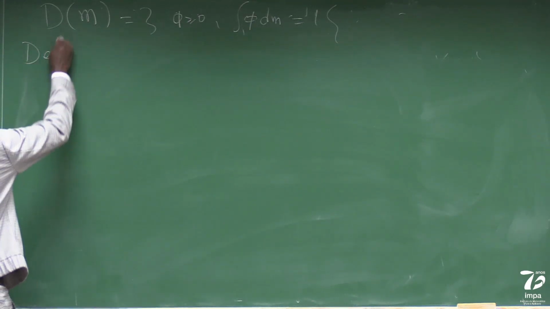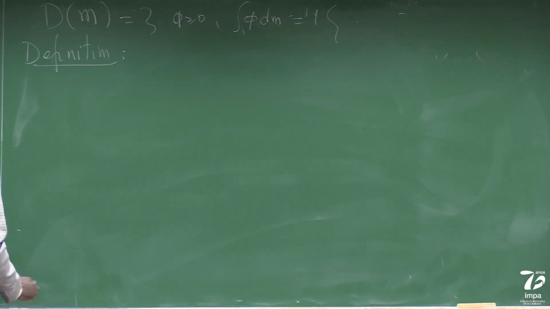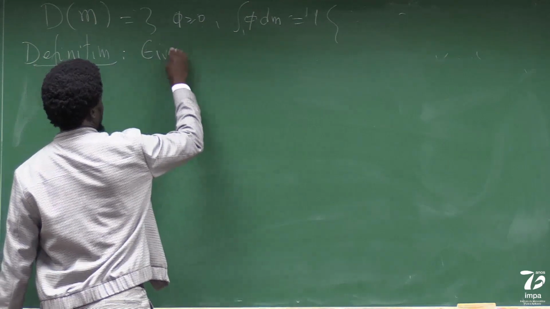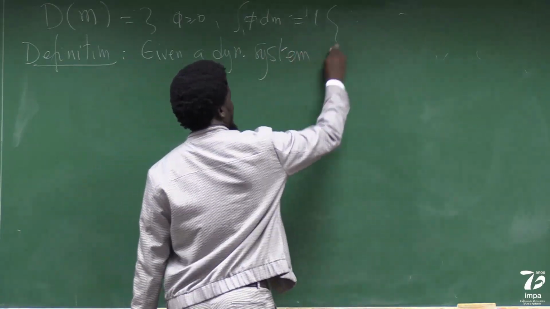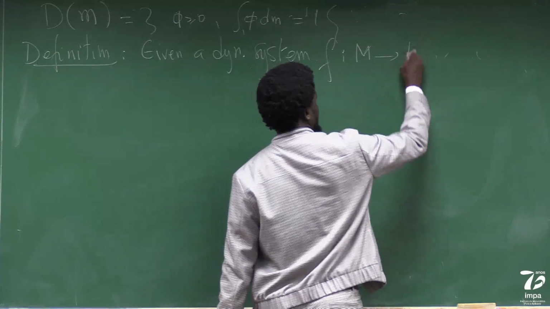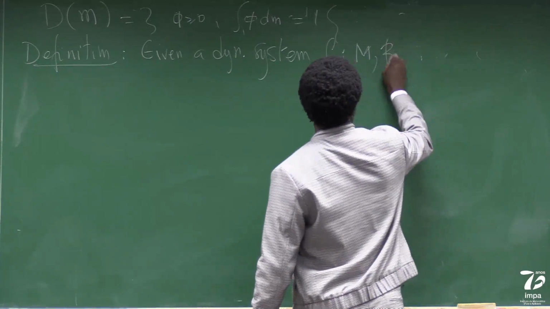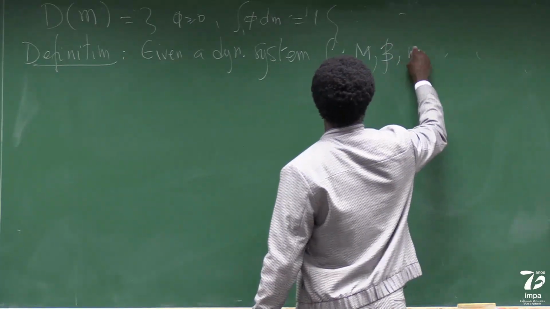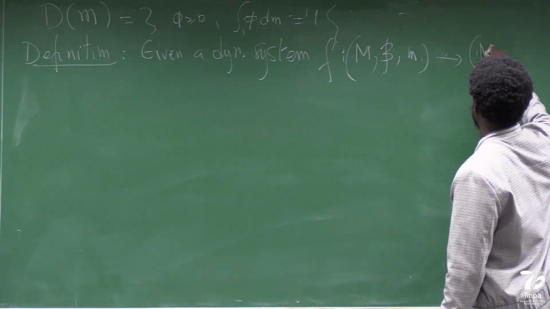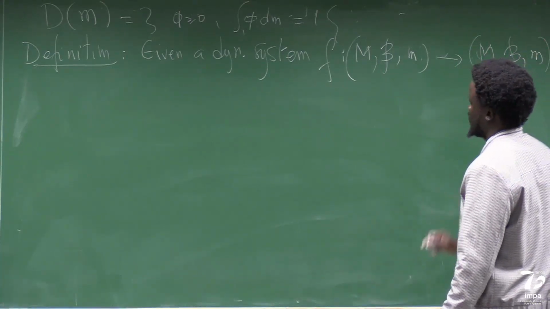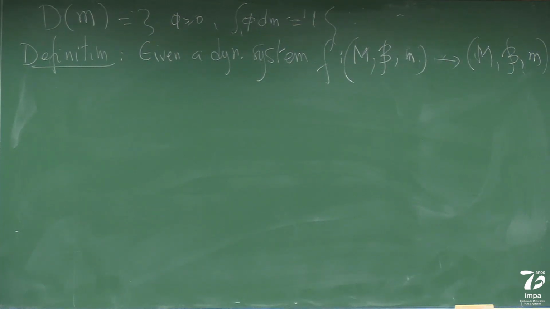So, the definition. Given a dynamical system f from M to M, I write the measure here as m instead of μ because I'm more interested in Lebesgue, which is usually denoted by m. Since it is a dynamical system, at least I'm assuming that it is measurable.